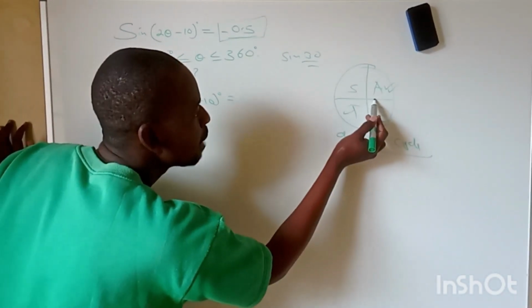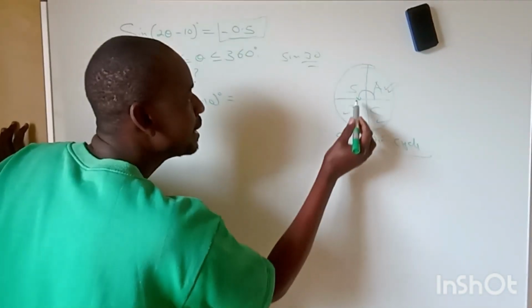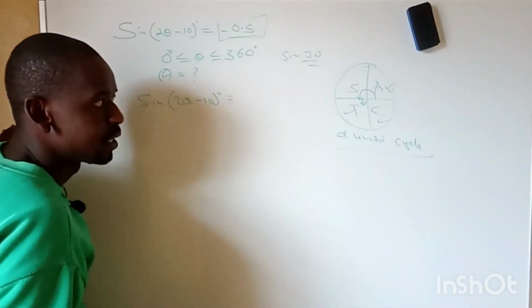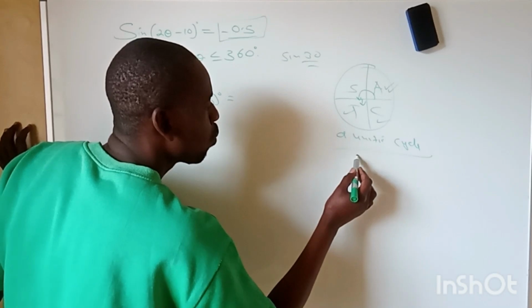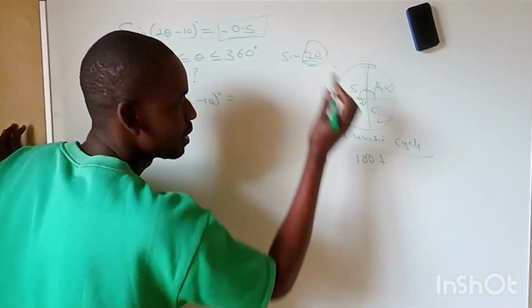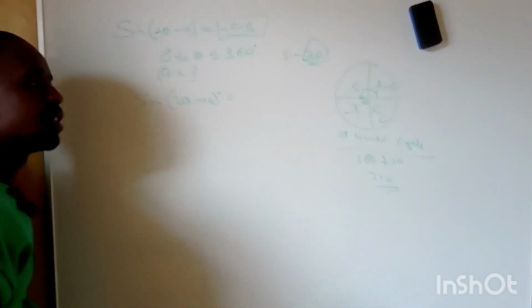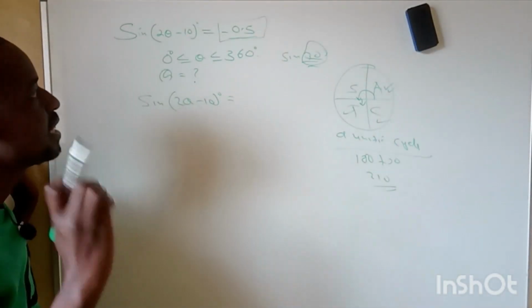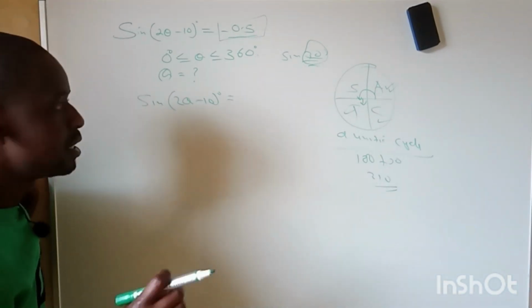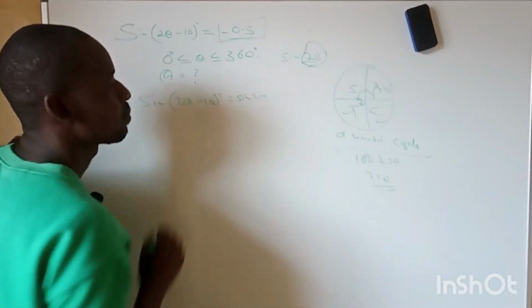You take from here up to here, that is 180. Then you add 30 for you to fall in the third quadrant. So it is 180 plus that 30, where 30 is our reference angle, and you get 210. When you check the sine of 210, you will get negative 0.5. So the first one is sine of 210.